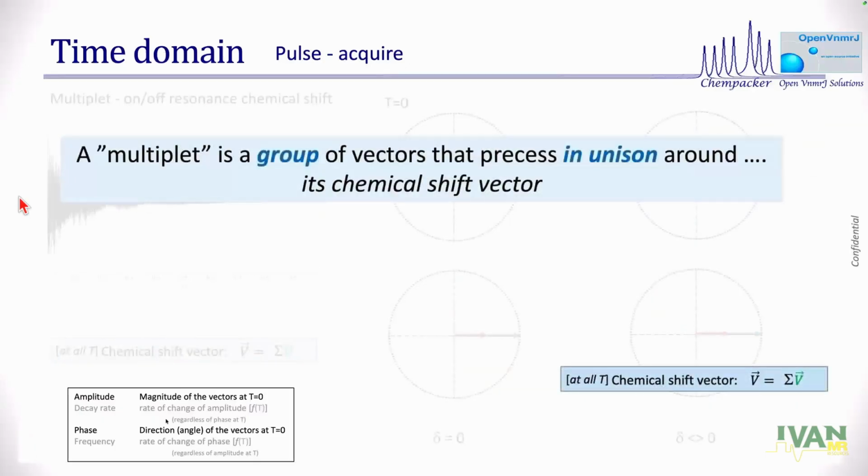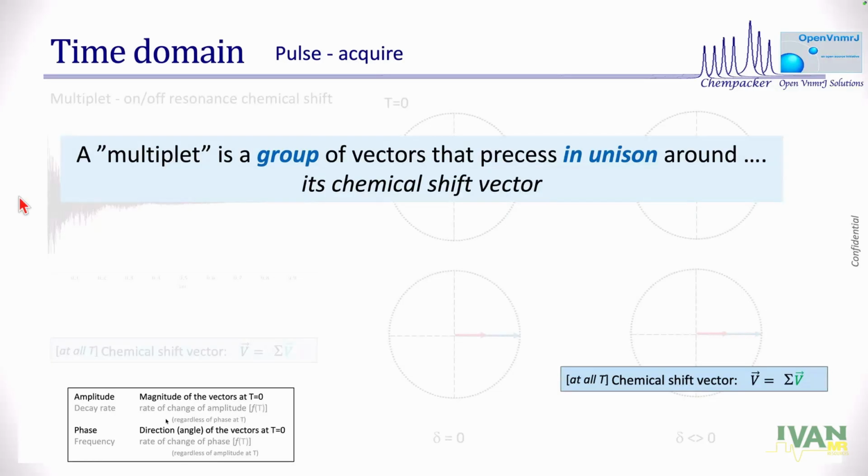So I'm going to redefine, rather than showing you a picture of a vector spinning around, I'm just defining a multiplet. It's a group of vectors that precess together in unison around its chemical shift vector. If instead of a simple quartet, it is an AB spin system, so it's an asymmetric doublet of a doublet, so be it. It's four vectors.